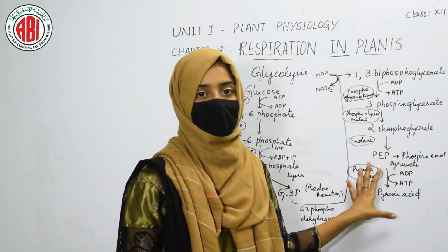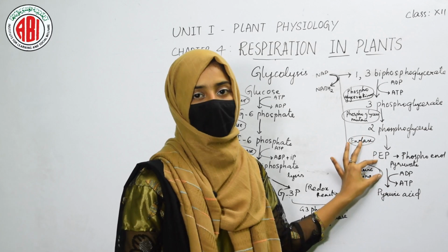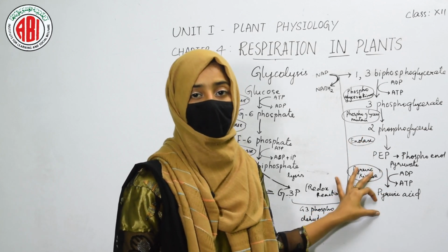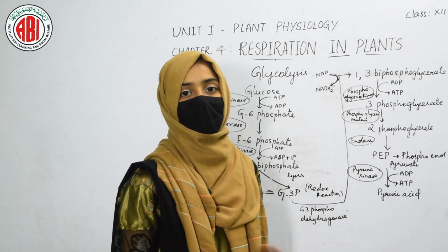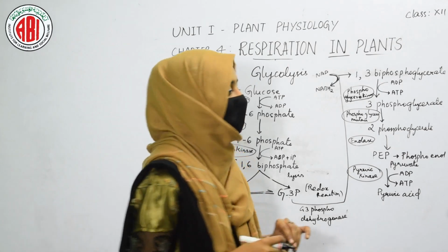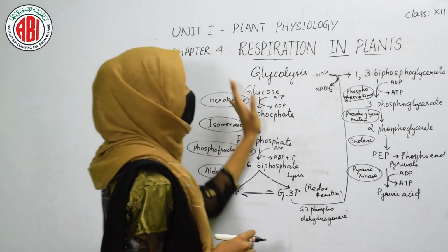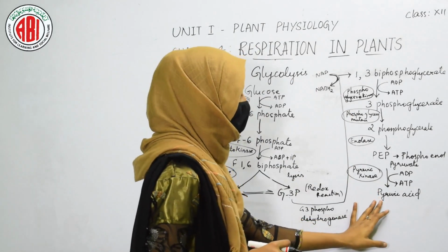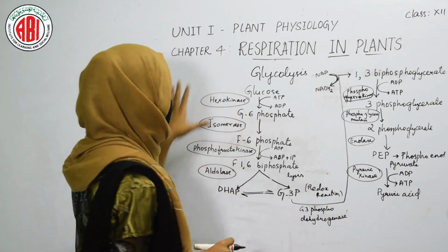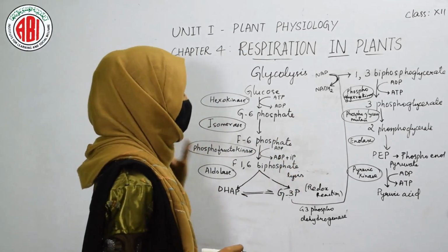Now after the synthesis of ATP, this phosphoenol pyruvate gets converted into pyruvic acid. Pyruvic acid is a compound in which there is no phosphate group present. So in this way, glucose molecule gets converted into pyruvic acid, and this happens in all these 10-step reactions.